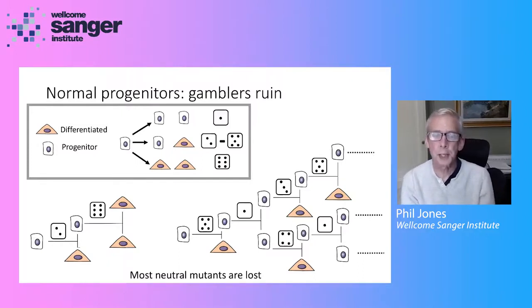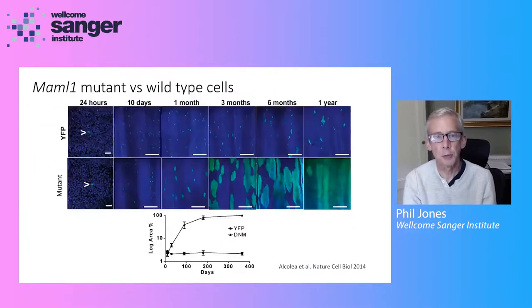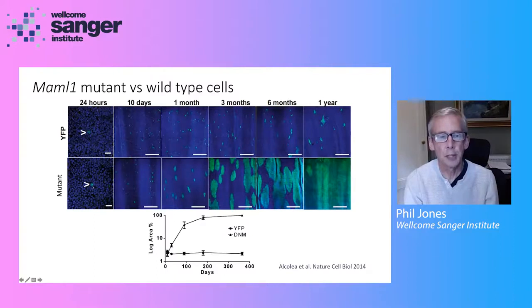What happens if we get a mutation that rewrites the rules of the game? This is beautifully illustrated with a mutation that we studied a few years ago, a mutant of a gene called MAML1 that regulates the notch signaling pathway. On the top is the same example of the neutral label I showed you before, but the lower row shows you a similar fluorescent protein hooked up to a mutant of MAML1.